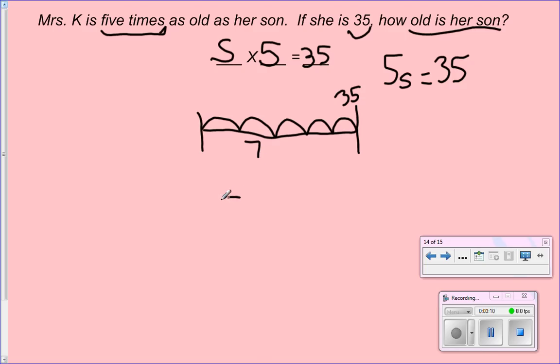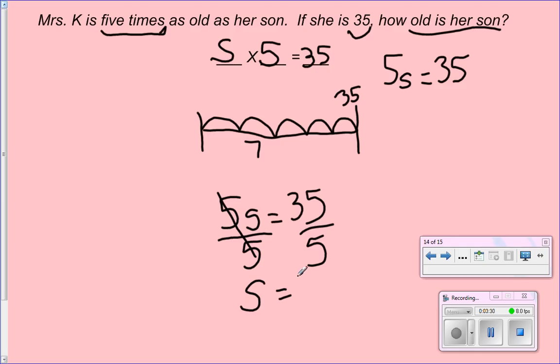If I wanted to solve it using the canceling method, I'm going to say 5s equals 35, and I'm going to divide each side by 5, because I know there are 5 of some number in here. So if I divide that by 5, I will get whatever that some number is, and it's 7. So her son's 7 years old, and I can substitute that in, and that makes sense in my original problem, and they are equal, so I know it to be true.